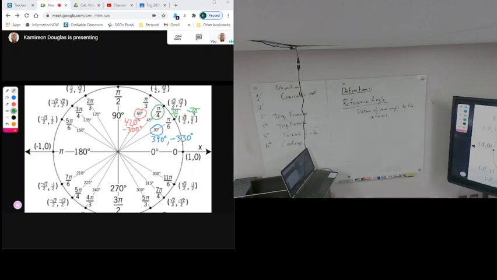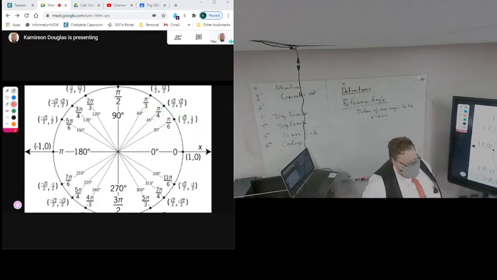But it actually is simple when you understand how this fits in. The idea is angles that are a certain distance from the axis act the same. Meaning a 30-degree angle acts the same as another angle that is also 30 degrees from the axis, even though it may have a different value. Examples. Up here.